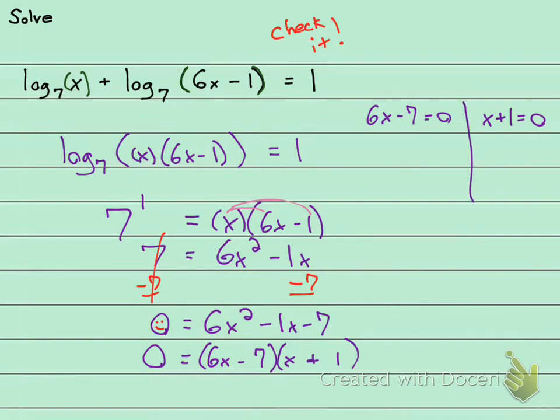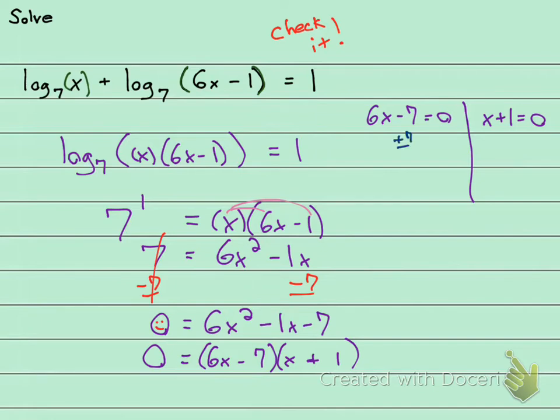Because remember, if this was 0, 0 times anything is 0, and if this was 0, 0 times anything is 0. So I solve both of these. These are both linear equations to solve.